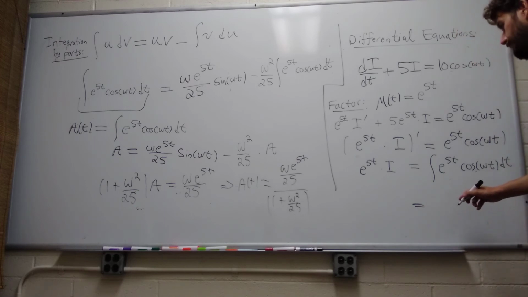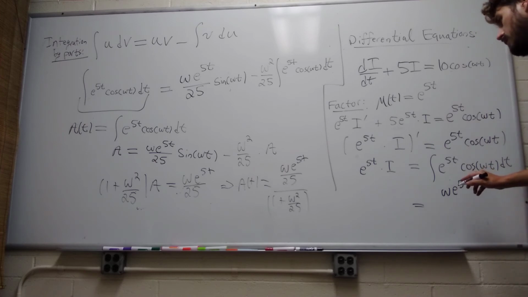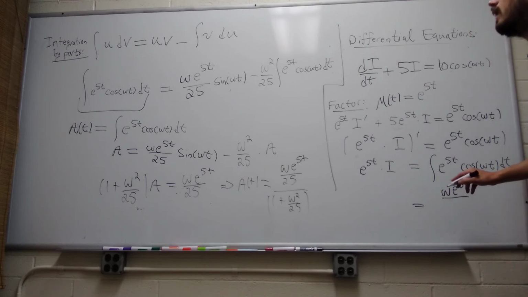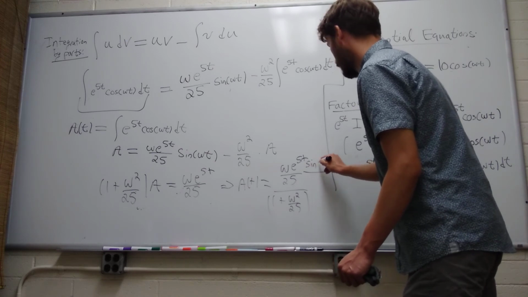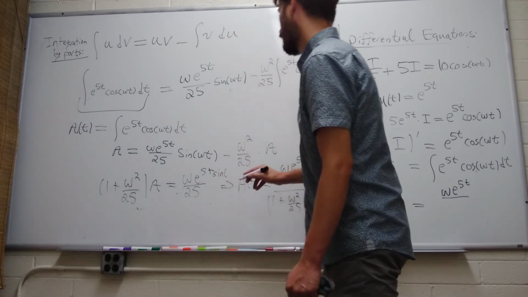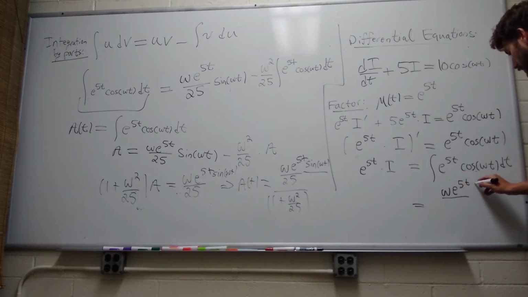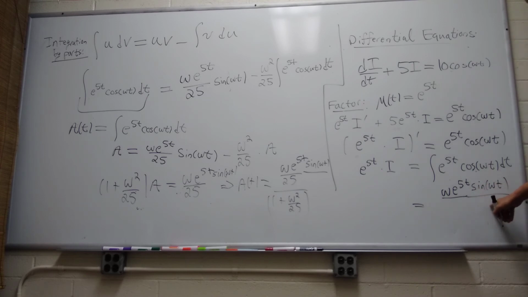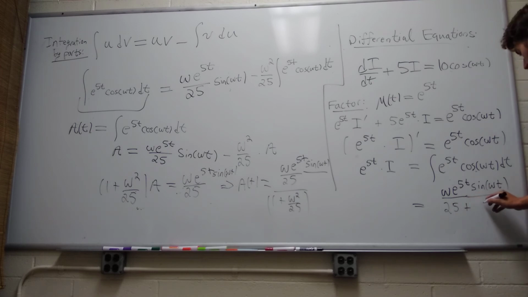It's going to be omega times e to the 5t, sorry, I forgot a sign, times sine of omega t divided by 25 plus this one.